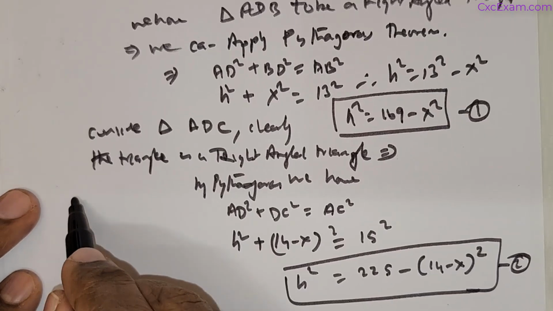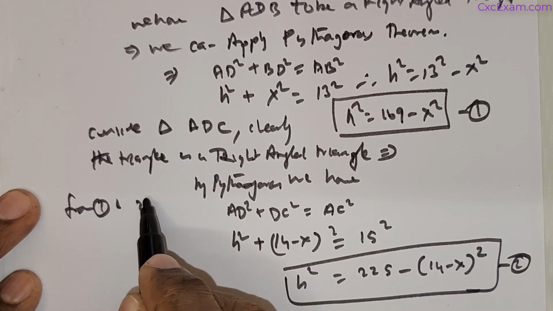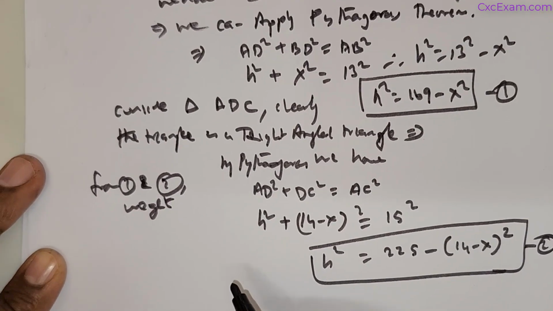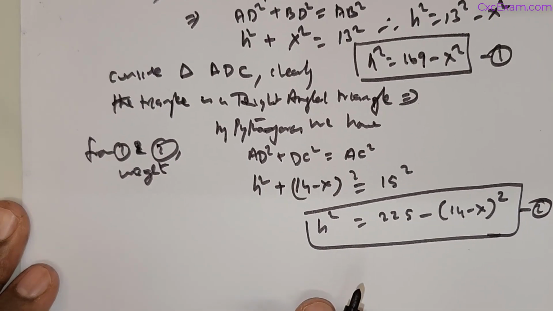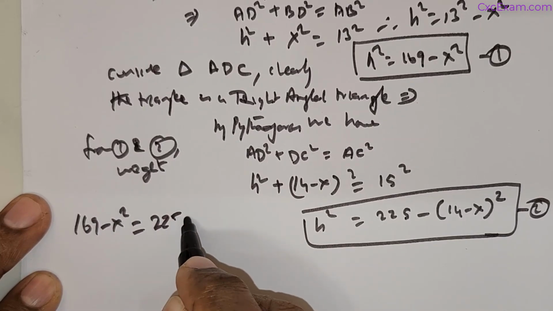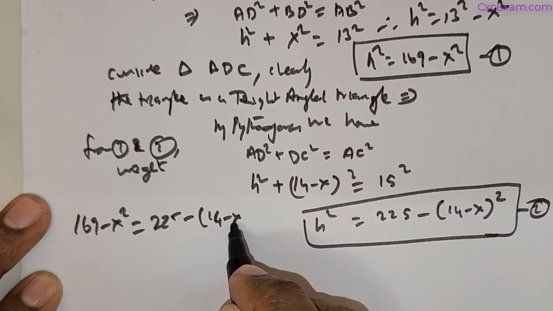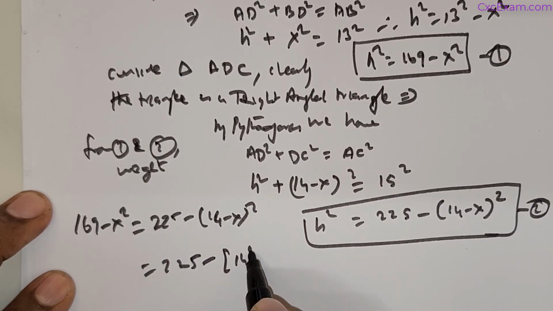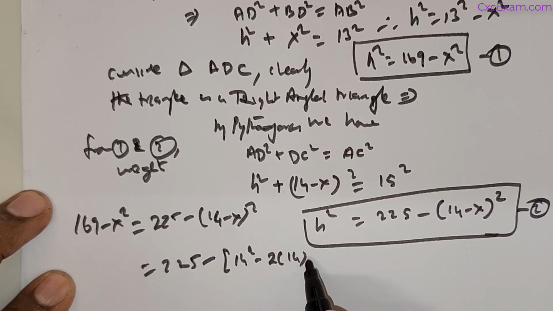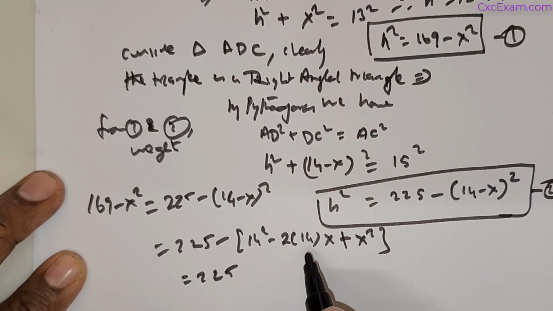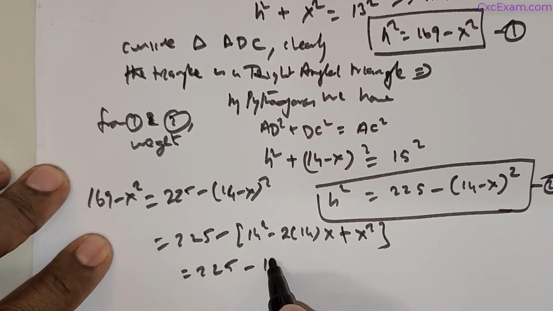So from 1 and 2 we have 169 negative X squared is equal to 225 negative of 14 negative X the whole squared. This is 225 negative of, expand this, 14 squared negative 2 times 14 times X positive X squared. 14 squared is 196.